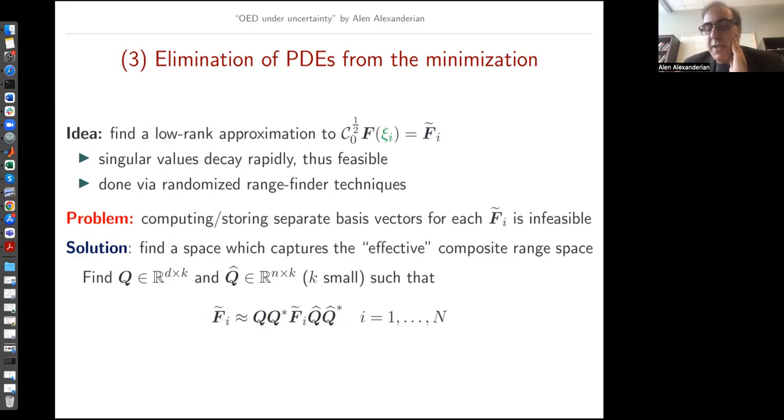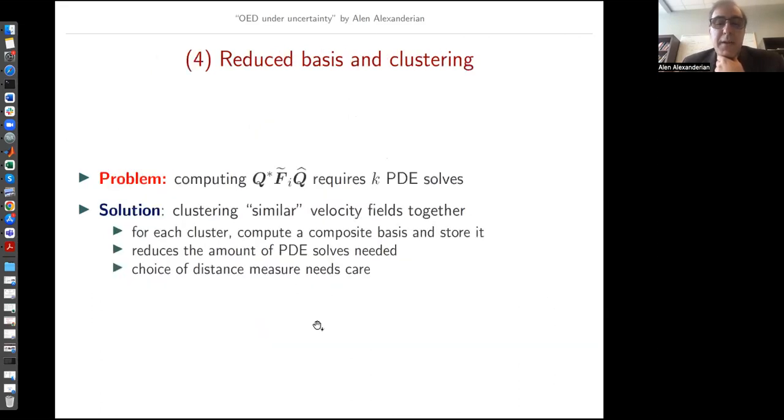If we can do that successfully, then you don't have to solve any PDEs during the iterations of your OEDUU optimization problem. So that would be of interest, of course. One more issue that we encountered is that computing this Q star F tilde Q hat requires K PDE solves itself.